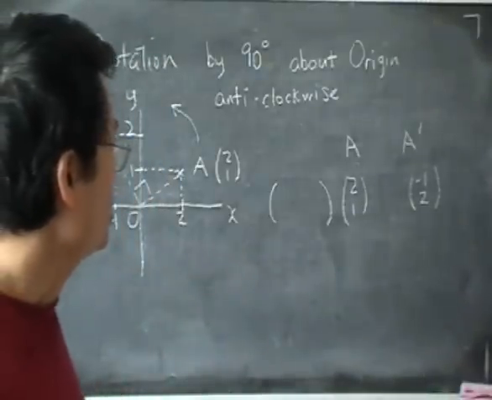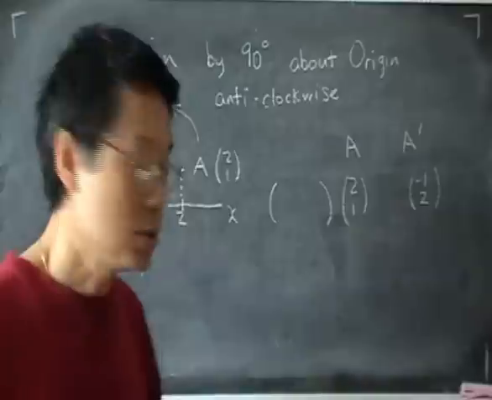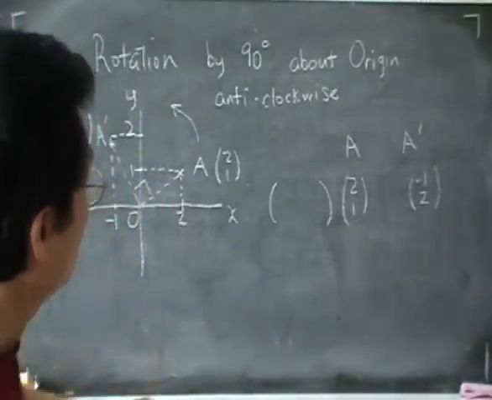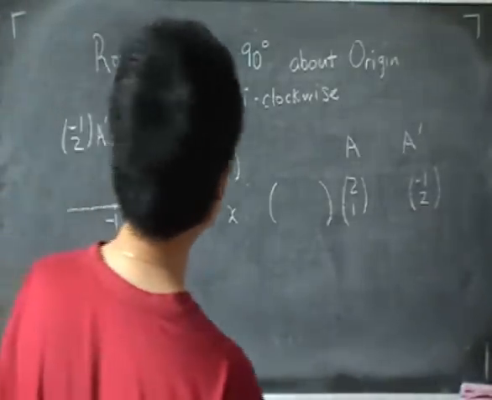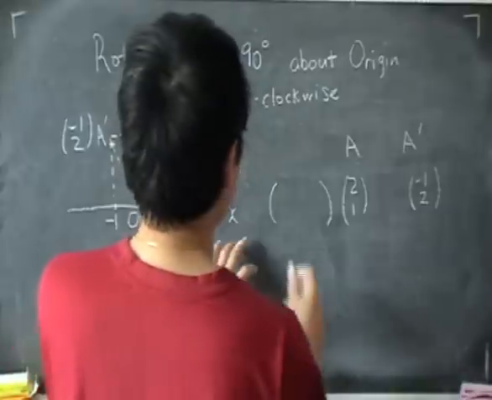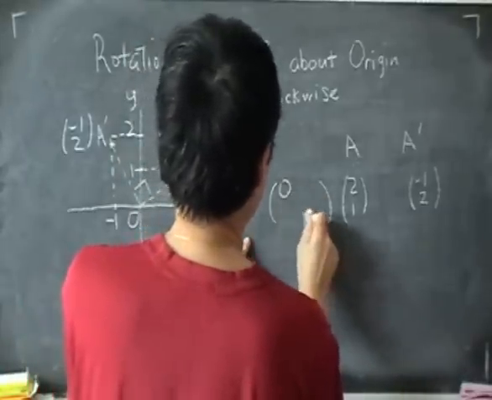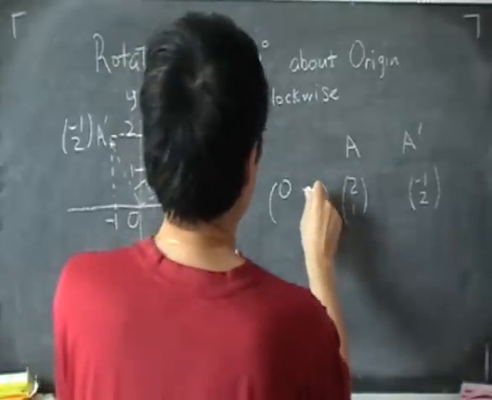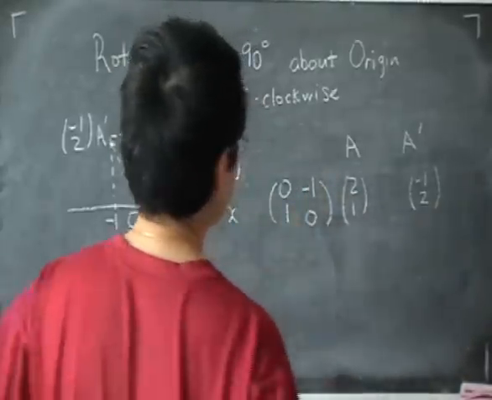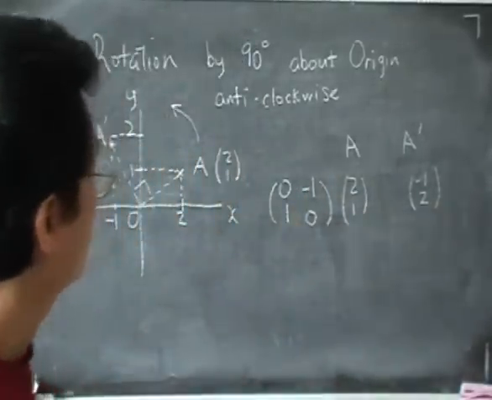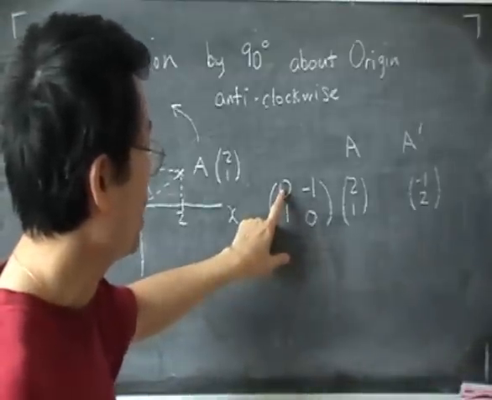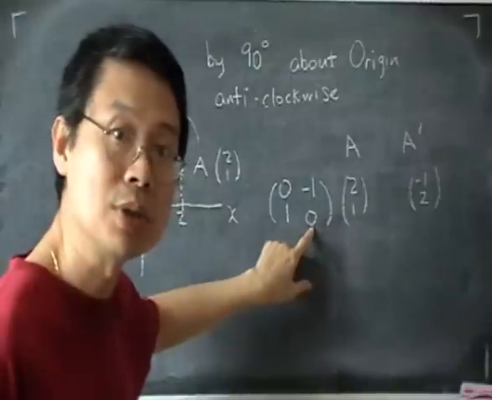So without actually going through the calculations, I'm just going to write down the answer directly. 0 there and 0 there, and a -1 there and a 1 there. Okay, so those two zeros actually come from cosine of 90 degrees.